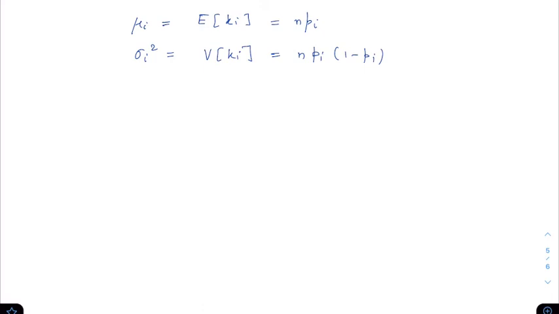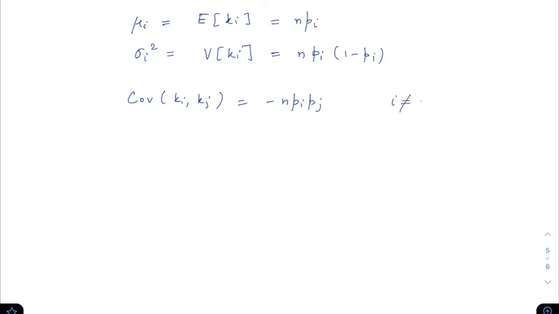From this we can also calculate the covariance, which basically turns out to be minus n pi pj, i not equal to j.